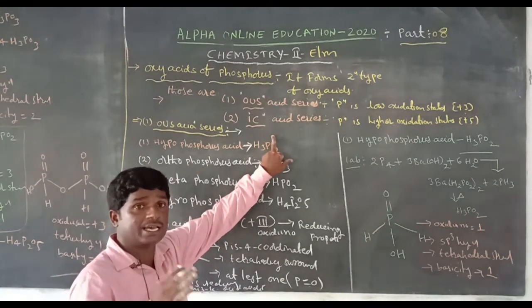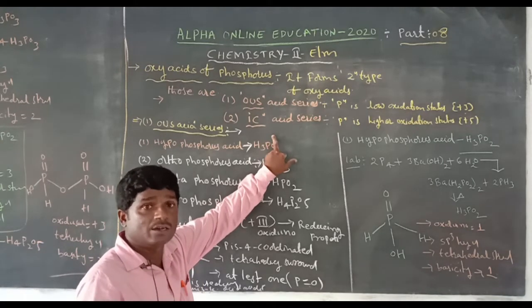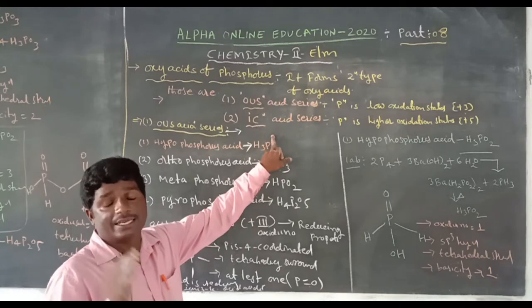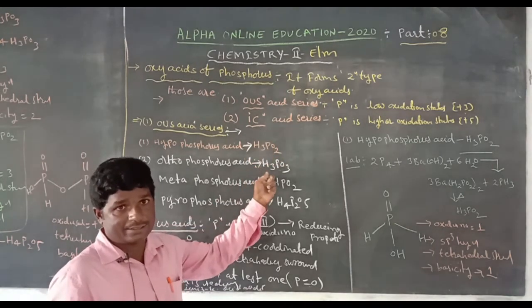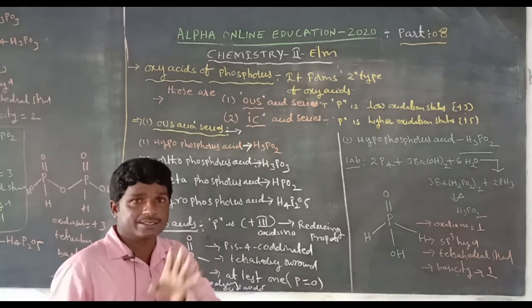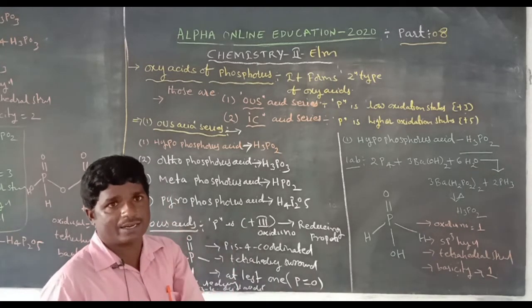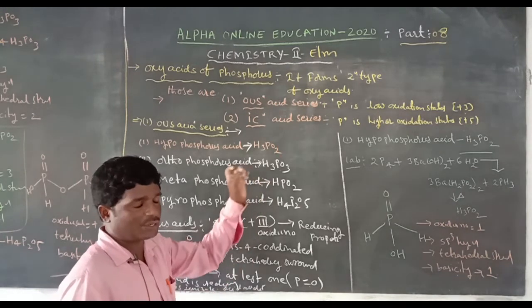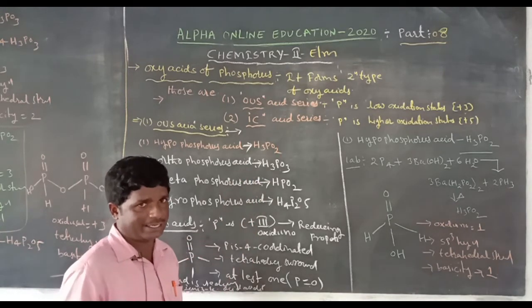Those phosphorous acids have a lower oxidation number, so they are called the ous acid series. In the phosphorous acid series, the central phosphorus atom has a lower oxidation number.